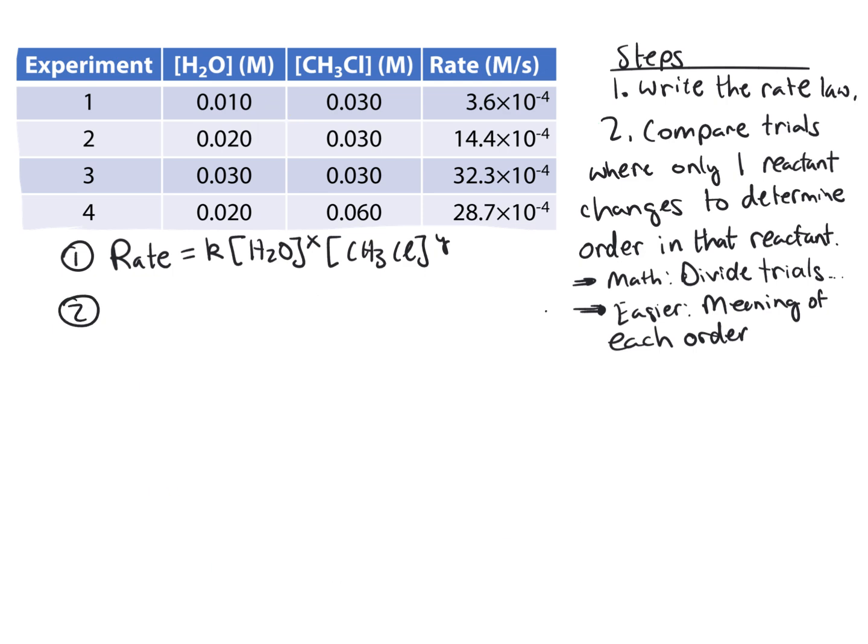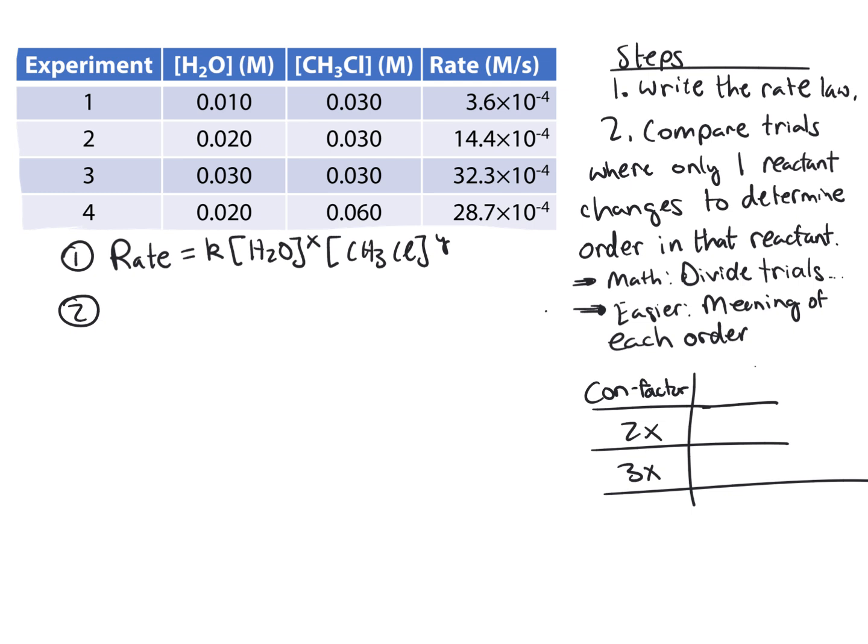Before we do the next comparison, let's look at exactly how that works. Let's look at if we have different concentration factors, how is that going to affect the rate?